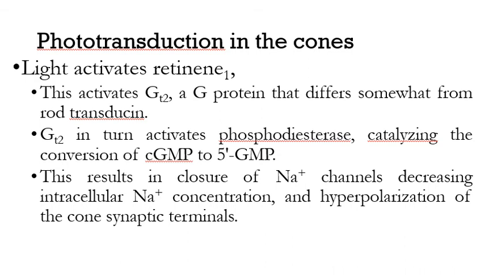Now, GT2 in turn will activate phosphodiesterase, and this will catalyze the conversion of cGMP to GMP. So this will then result in the closure of sodium channels, decreasing intracellular sodium concentration, leading to hyperpolarization, and thus will have a decreased release of neurotransmitters in the cones.